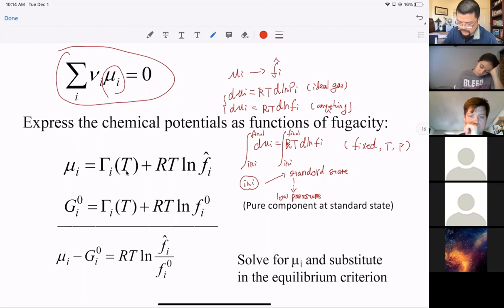For the low pressure, then we can have what? For the gas phase, it's ideal gas.